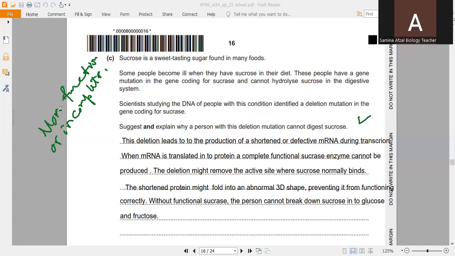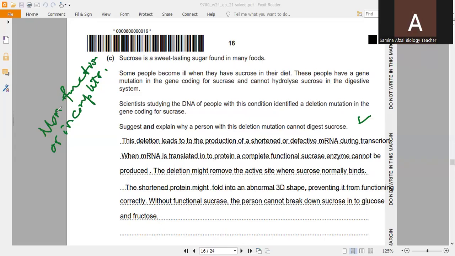This deletion leads to the production of a shortened or defective messenger RNA during transcription. You know that an enzyme is a protein, and the manufacture of the protein takes place by two processes, transcription and translation. During transcription, the messenger RNA is copied from a template strand of DNA.